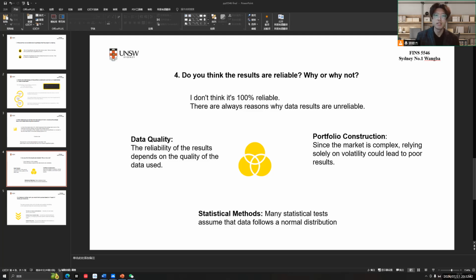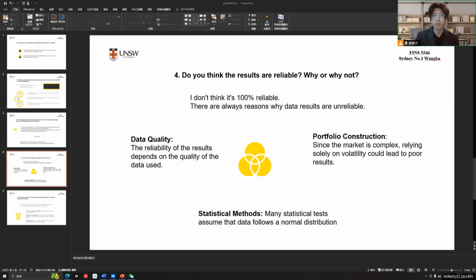The other reason is the portfolio structure. Using a simple approach to the portfolio structure, for example, using only volatility, may ignore other important factors that account for market performance.